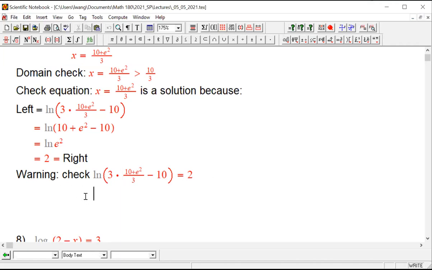And the next step, this person will have 10 plus e squared. And then this student may do just ln e squared. Does that look familiar? Does that look like something you might do?